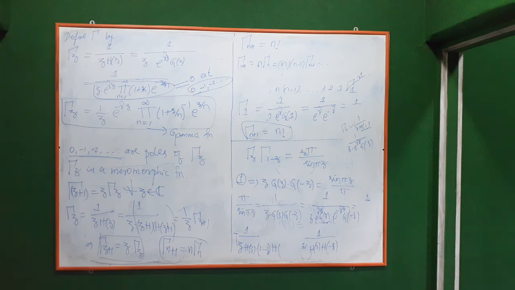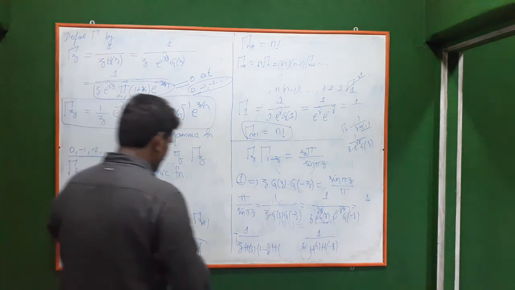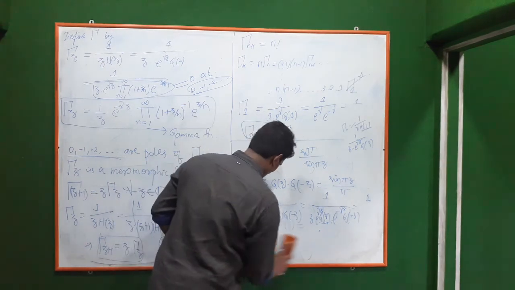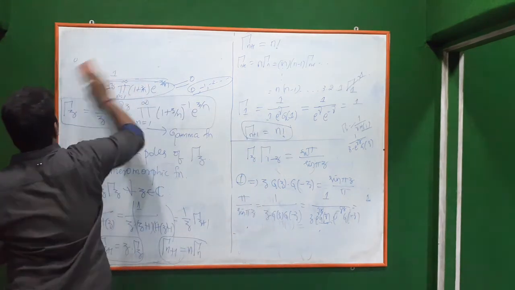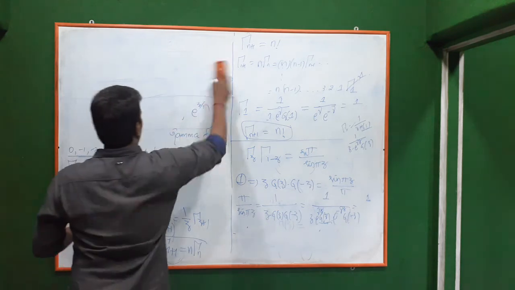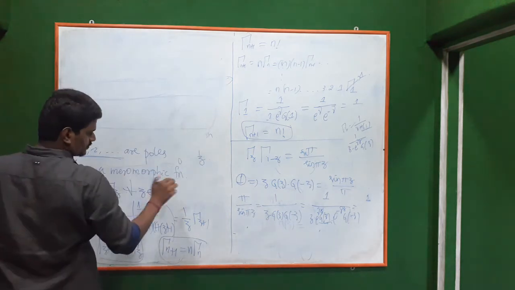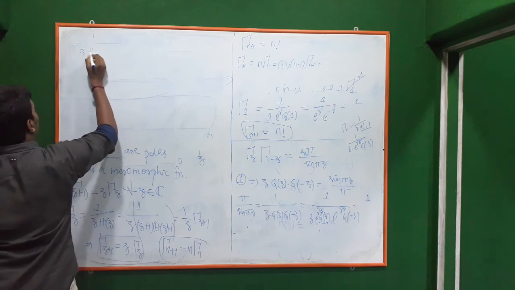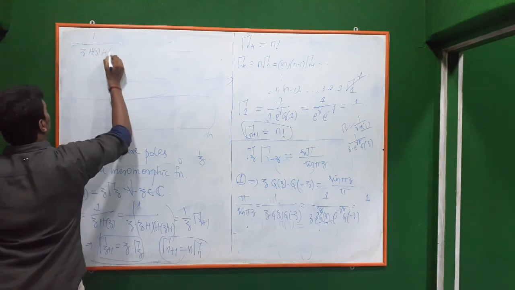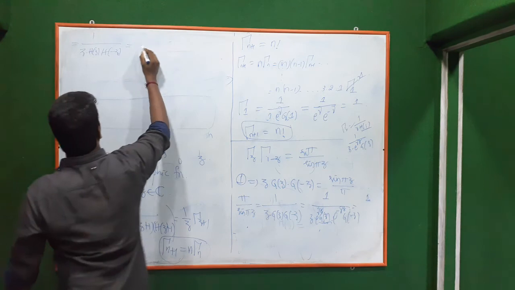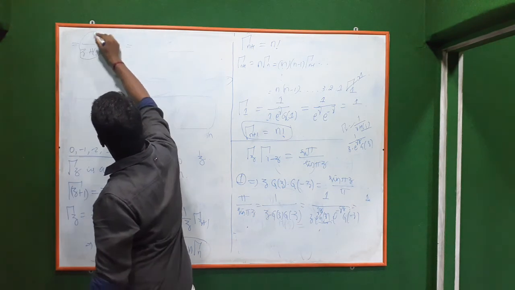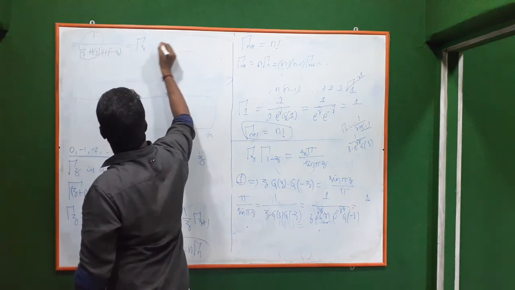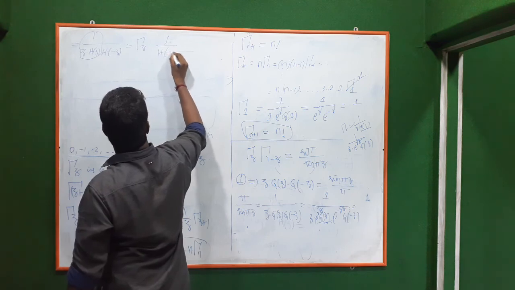I have z into h of z, which is equal to 1 by z into h of z into h of minus z. So this first thing we can write as gamma of z, and next we have 1 by h of minus z alone.